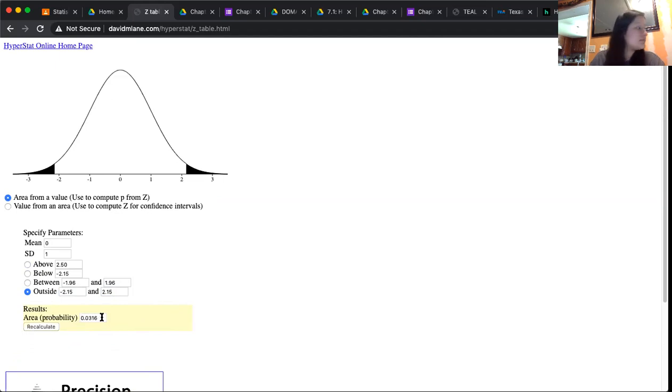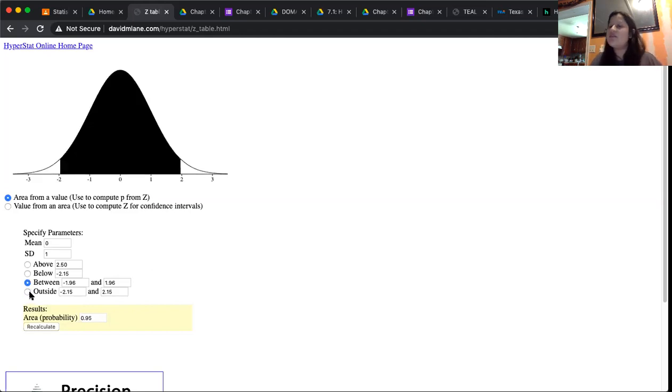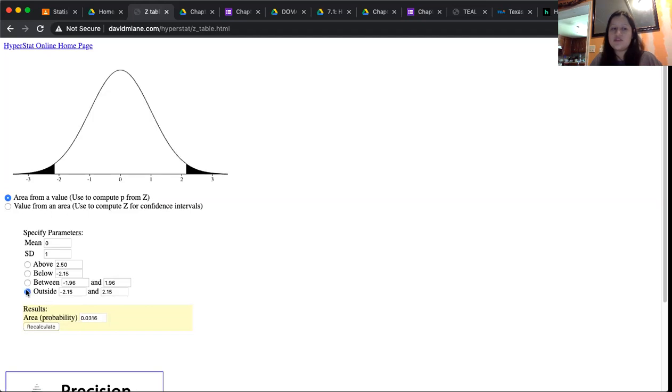Recalculate. I believe we got the area on that one to be 0.0316. I rounded it a little bit earlier, but you can see it's on the outside. Remember, you will never use between, because none of our tests do. Below is a left-tailed, above is a right-tailed, outside is two-tailed. Those are the only three we're going to be using.